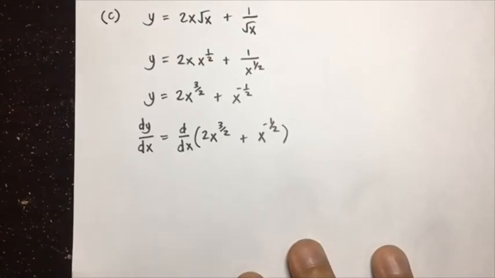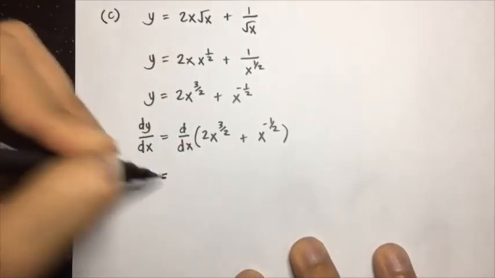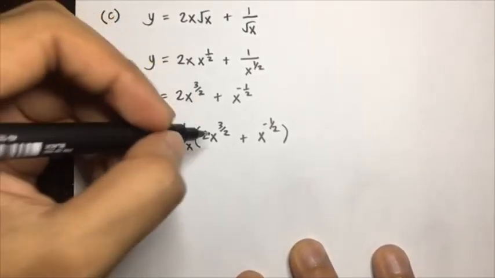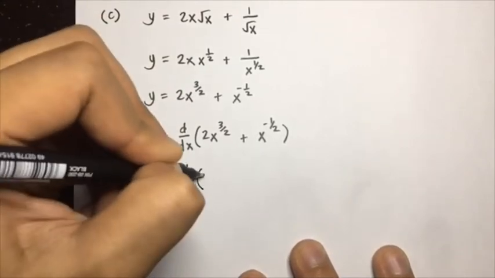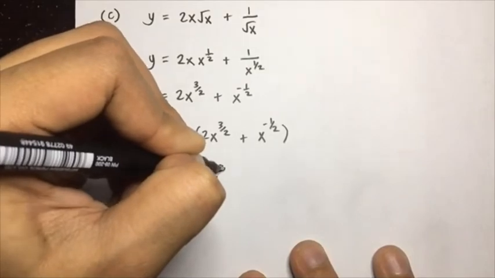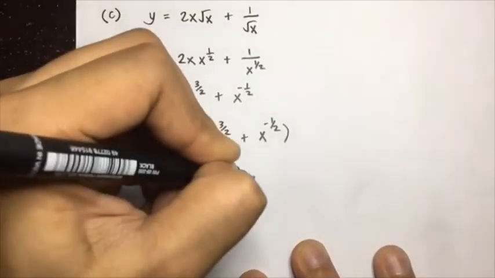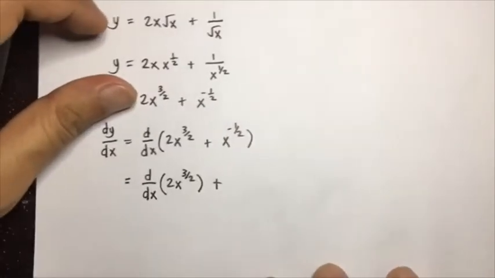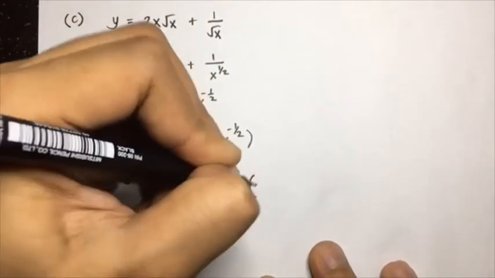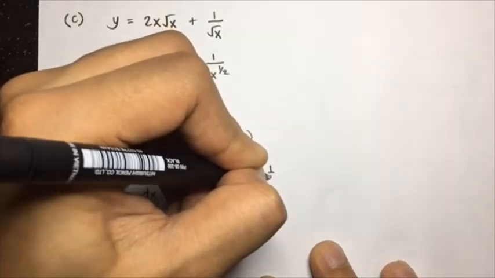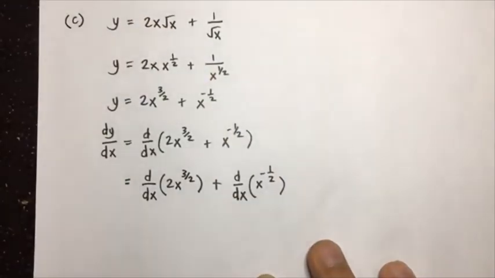Okay, so by the property for the derivative of a sum, we will have d over dx of 2x raised to 3 halves plus d over dx of x raised to negative 1 half.